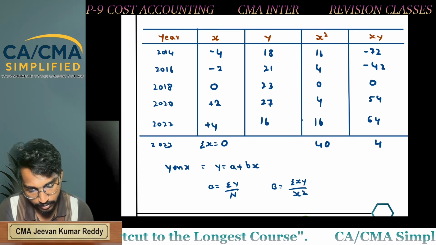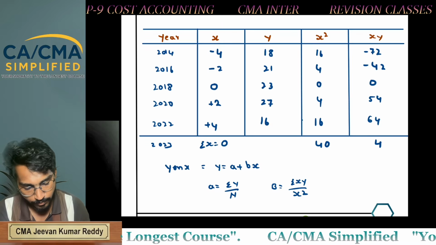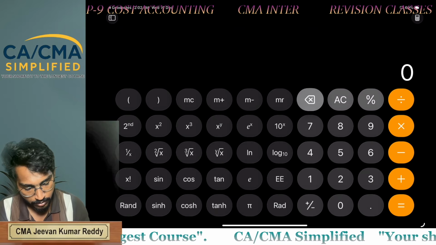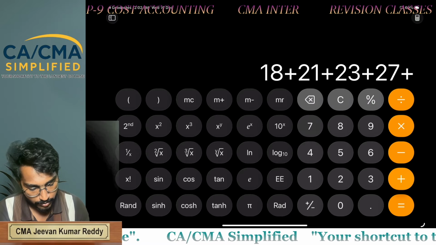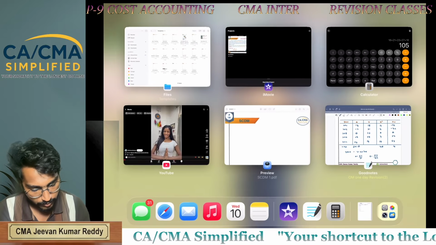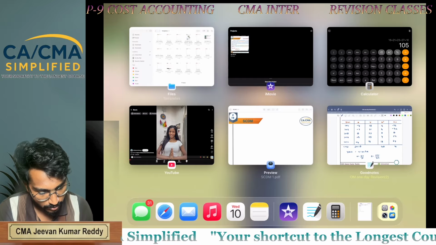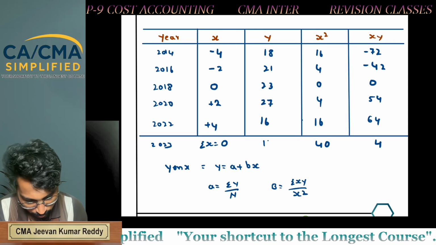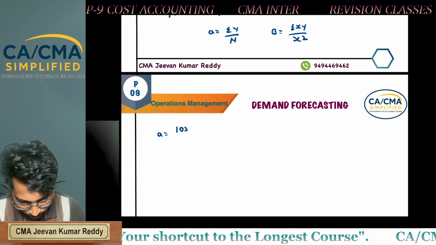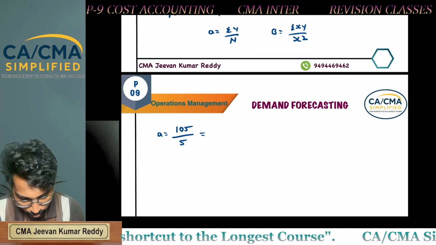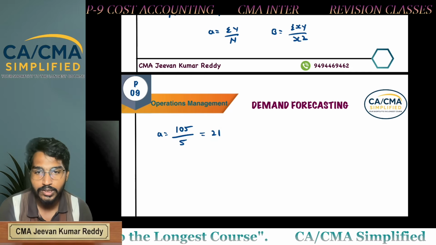What is summation y? 18 plus 21 plus 23 plus 27 plus 16. That is 105. 105 divided by n, that is 5. That comes to 21. That means on an average every year your sales is 21.